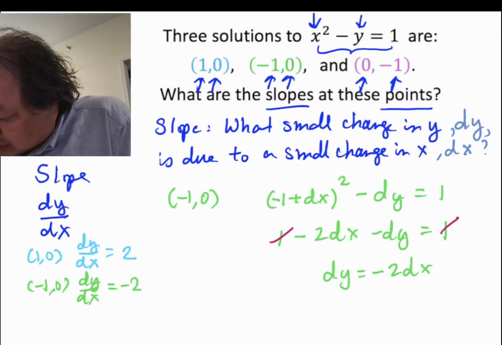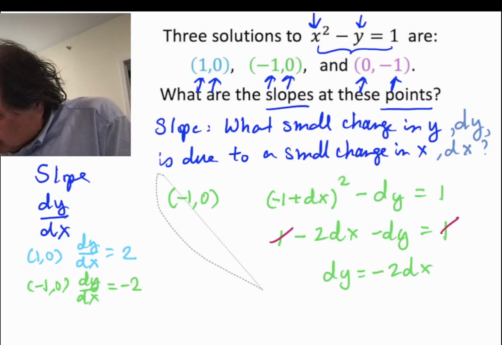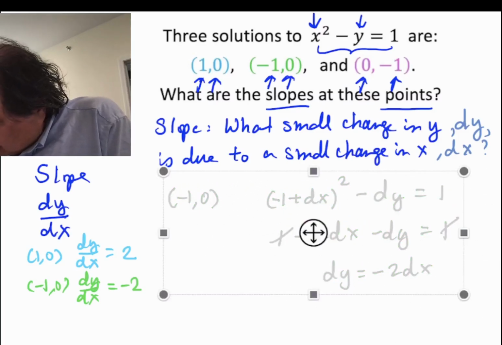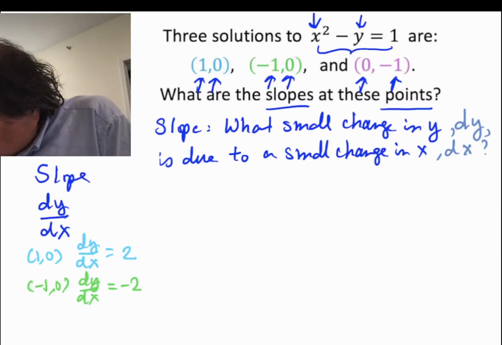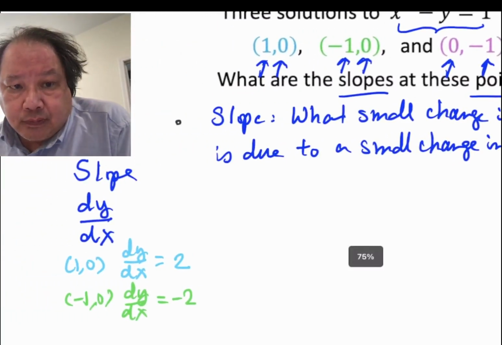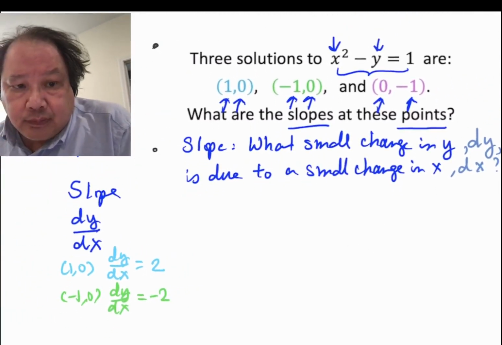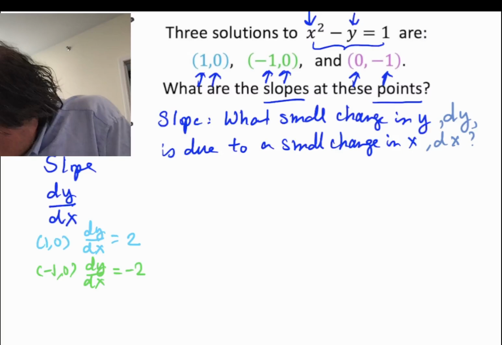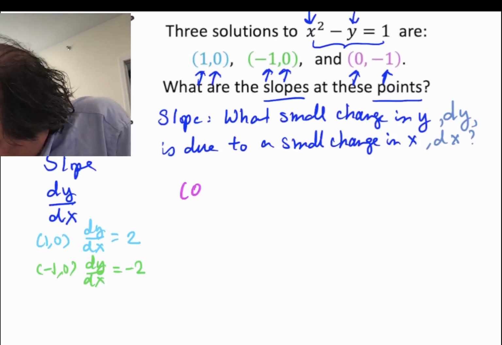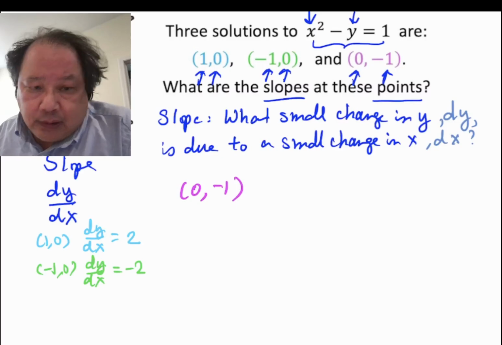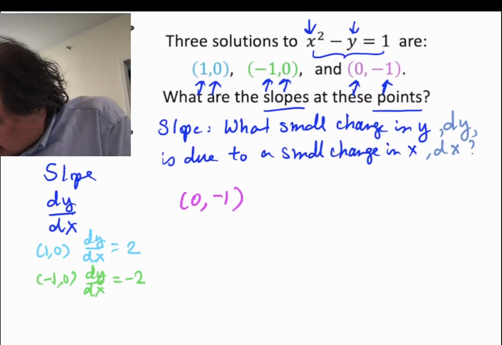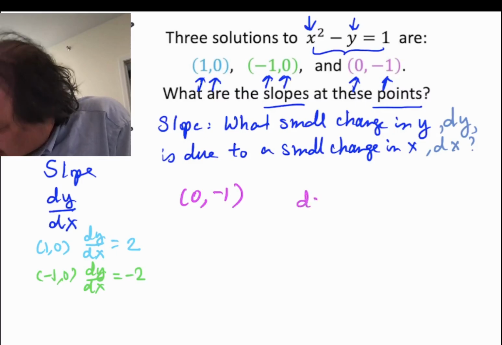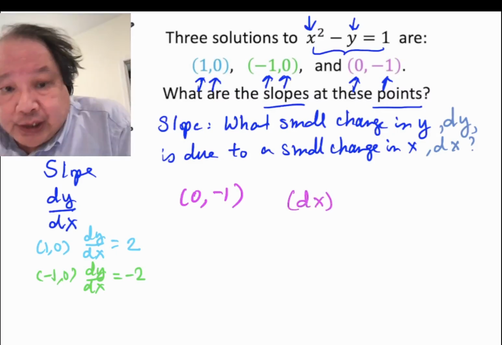And finally, we can consider the final point, 0, minus 1. And here we see that the initial value for x is 0. So the new value is just dx. Since it's x squared in the equation, it's dx squared.